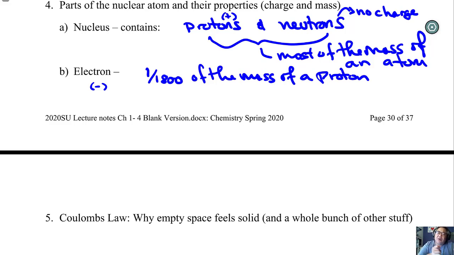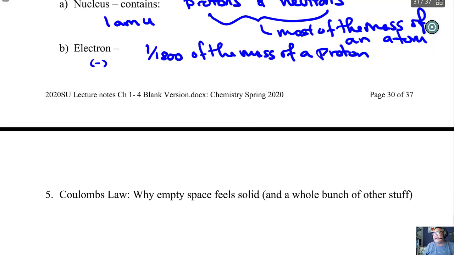So this means a proton has a mass of about 1 and a neutron has a mass of about 1. And we call this relative mass unit an atomic mass unit. So a proton has a mass of about 1 atomic mass unit, AMU, okay? And an electron has about 1/1800th of that, so we basically think of the electron as having almost no mass.